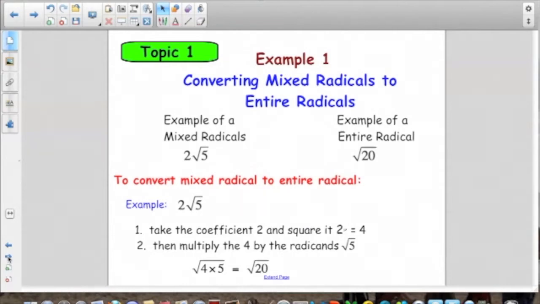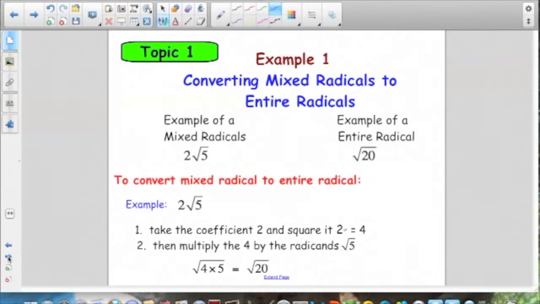Okay, topic 1. The first example, we are converting mixed radicals to the entire radical. So when we have a mixed radical, you will see a coefficient out front. It's mixed. Now, we want to change that to an entire radical. So that means the entire number is the radicand. There's a quick and easy procedure for doing that.